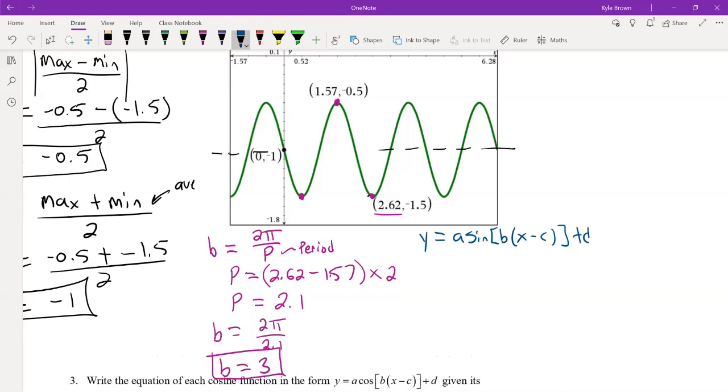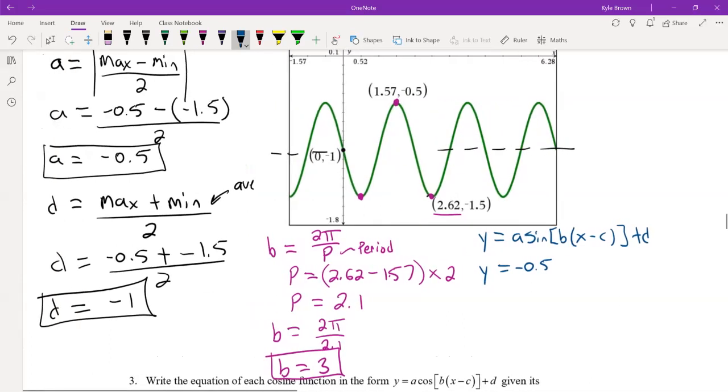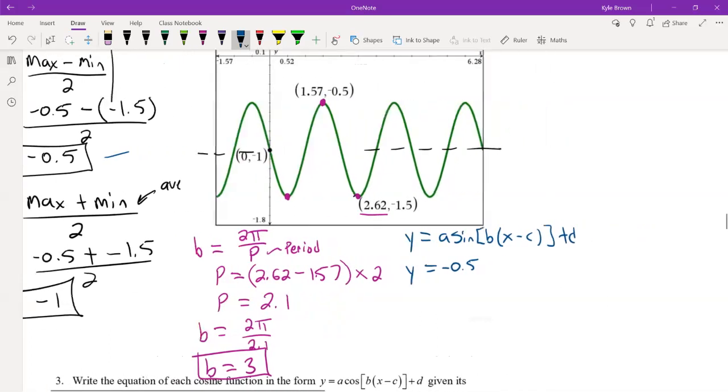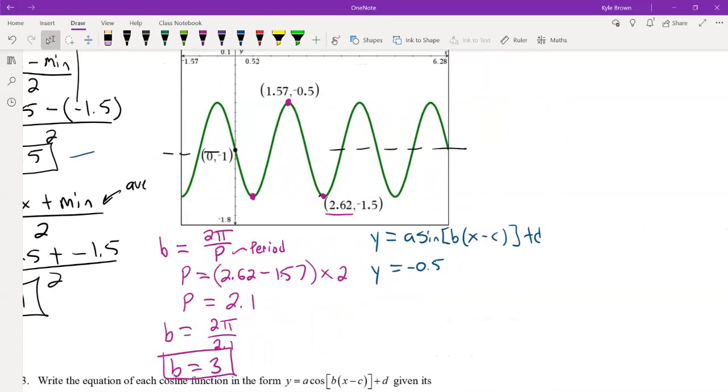Okay, so I'm going to write this out now using sine. We said a was equal to negative 0.5, and a was our amplitude. Now let's get our bearings of what we're actually saying here.